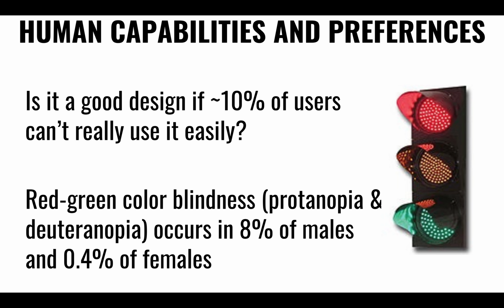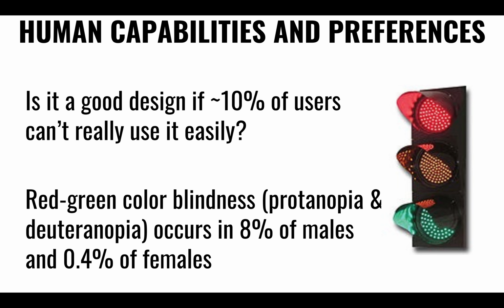Also, there's all sorts of physical differences between folks in the population. You might come up with a user interface that 10% of your target audience can't even use, right? Because they might be colorblind, and might not be able to distinguish between red and green, right? Even though it's a user interface that is widely used all over the world, right?